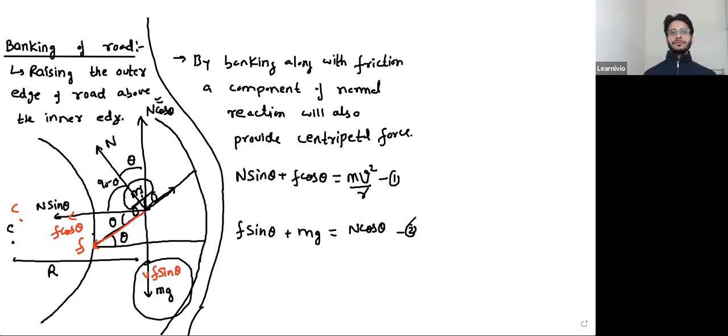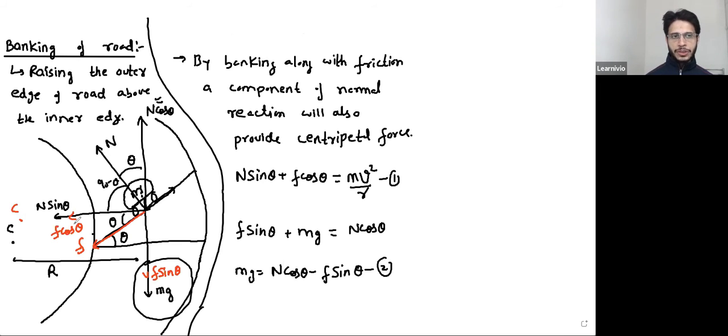That is equation number 2. So you can write mg as N cos theta minus f sin theta. That's the second equation. Is it clear?